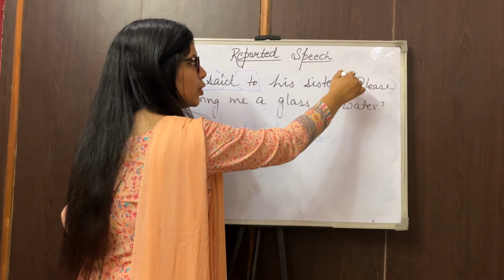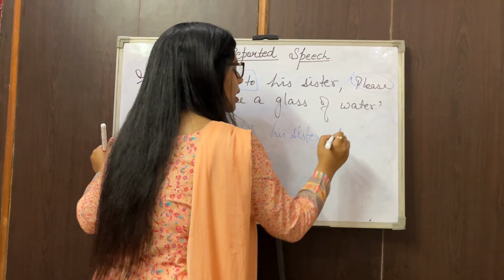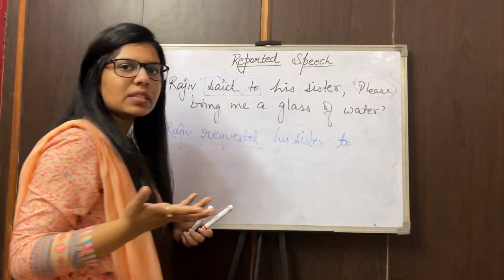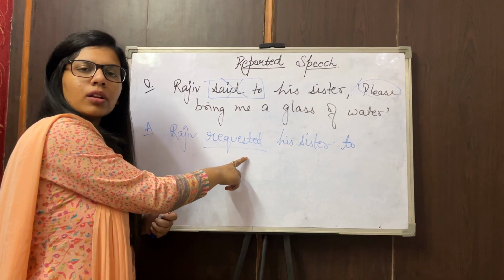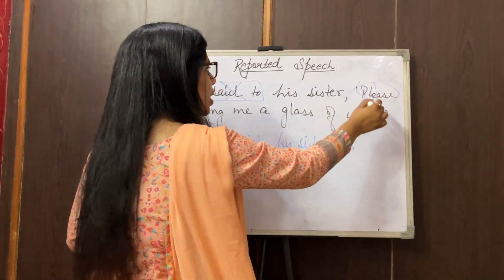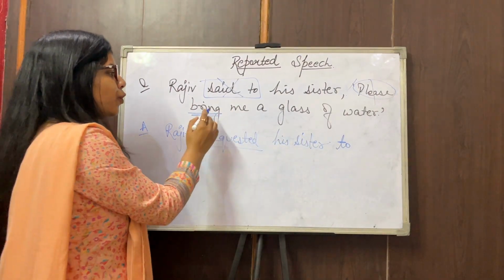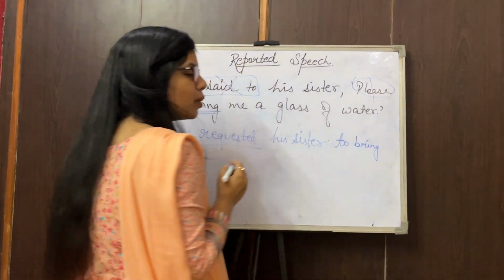Again we have inverted commas that we will remove and we will add to here. His sister to. Now please, what does please mean? It's a request and we have already added the word requested here. So we do not need to write please. So we'll skip this word and we'll directly come here, to the verb. And bring will come here as it is because it is the first form of the verb.